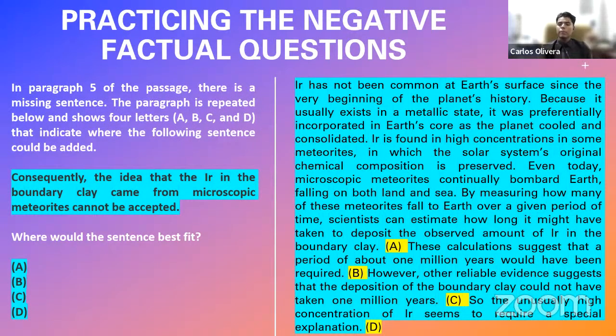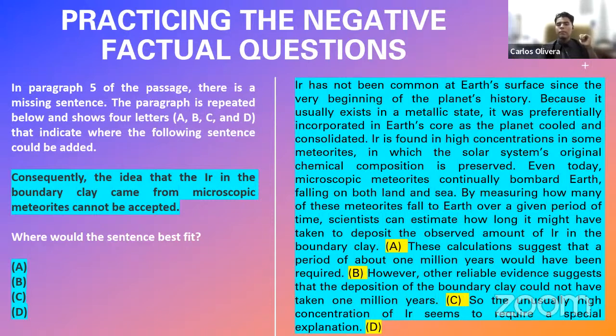So let's read. It says, even today, microscopic meteorites continually bombard the earth, falling on both land and sea. Okay, that's what happens. Today, there are some meteorites that continually fall down to the earth, whether on the sea or on the land.